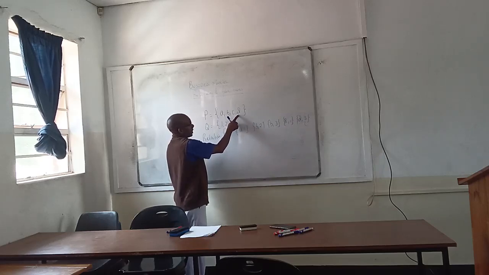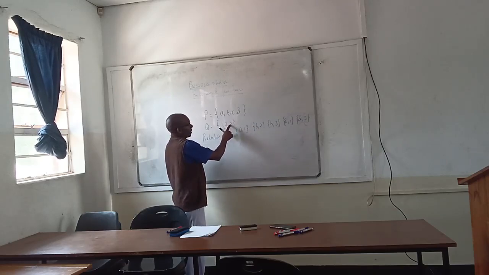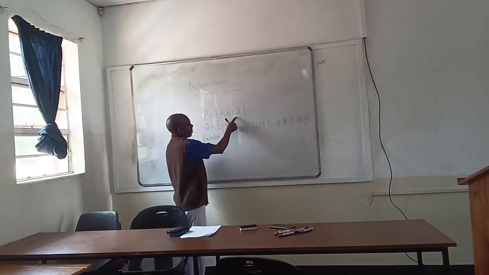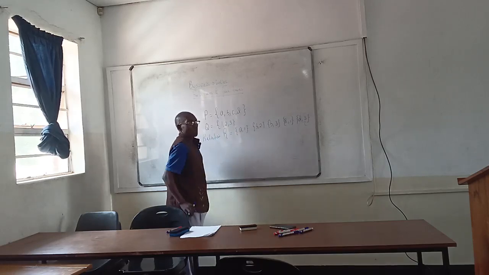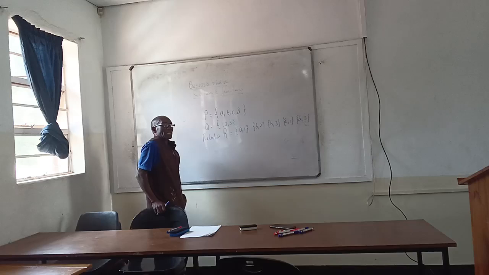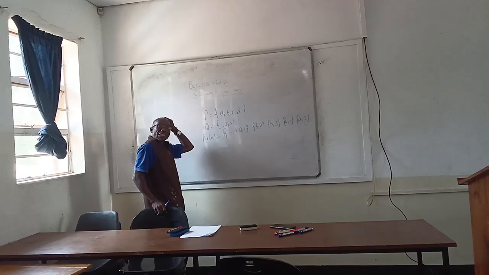D is related to 3. And again D is related to 1. But C is not related. Why do you think that C is not related?